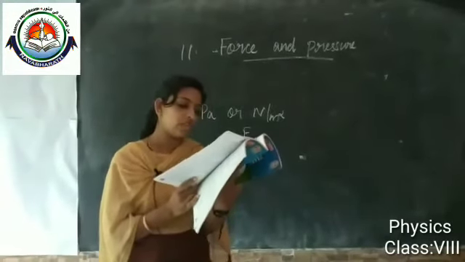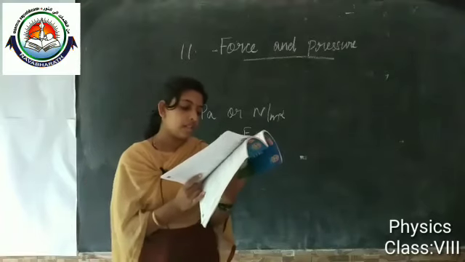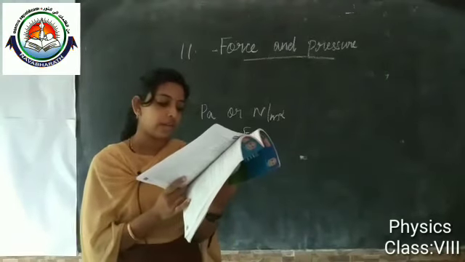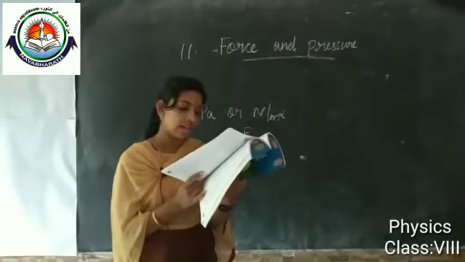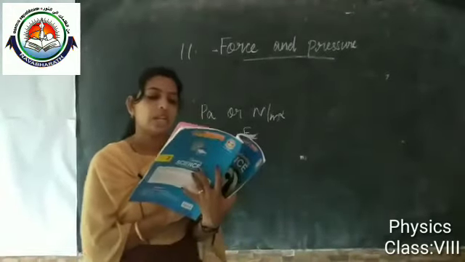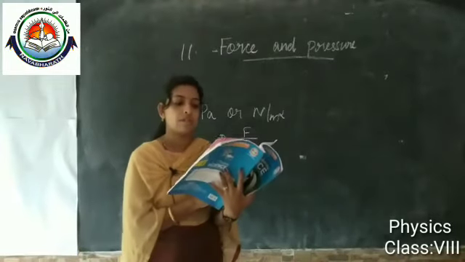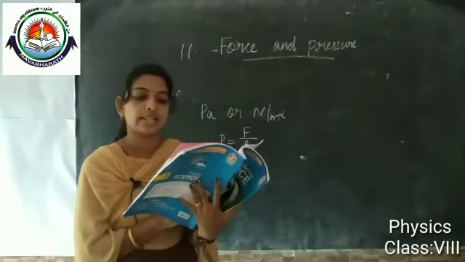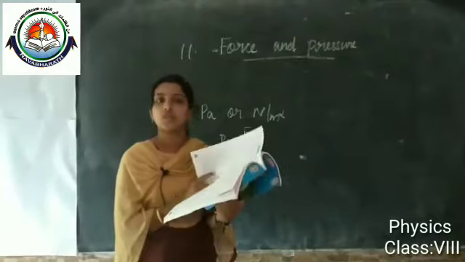Heavy trucks are fitted with 6 to 14 tires. The tires increase the area of contact on which their weight acts and hence reduce their pressure. That is the first point in full. Then option B, skiers use long flat skis to slide over snow.